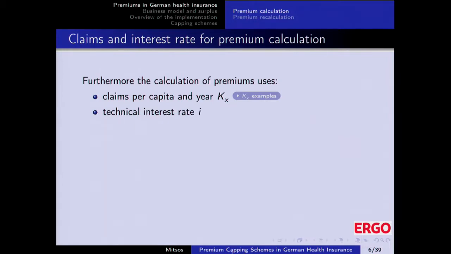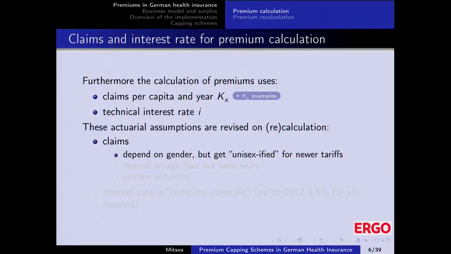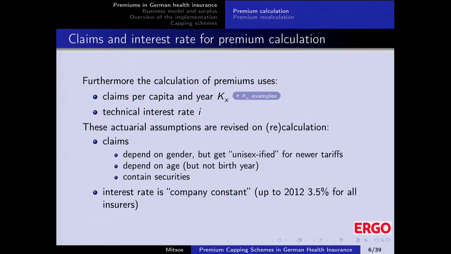We also put into the calculation a technical interest rate, iota. It's an interest rate we can assume that on average we can achieve in the next 30 years. These actuarial assumptions, the claims, depend again on gender and the same provision with unisex, age, and securities.